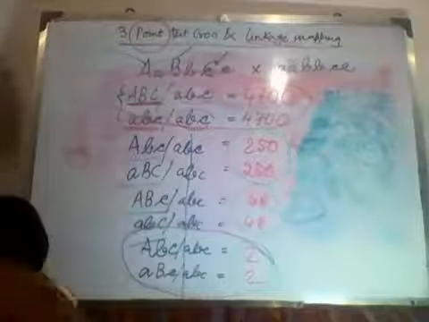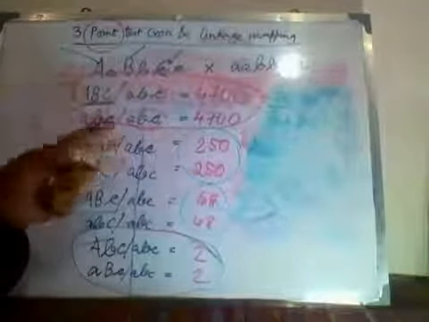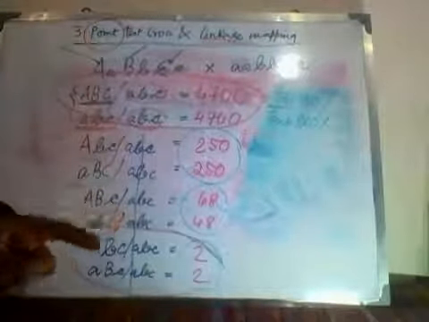Now let's look at the formula for calculating COC. COC means the observed double crossing over percentage divided by the expected double crossing over percentage. This is the derivation of COC. So naturally, if observed double crossing over is equal to expected double crossing over, then the COC becomes 1, right?